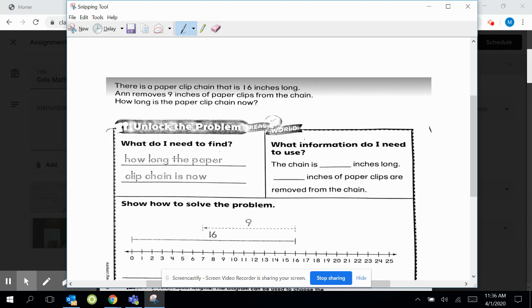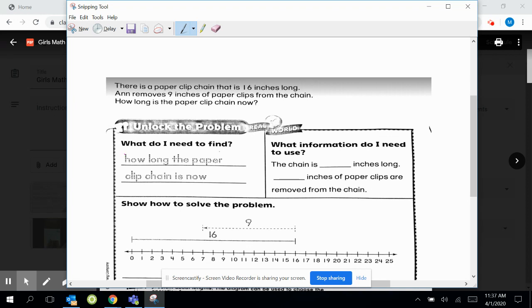But we're going to read this word problem, and it says, there is a paper clip chain that is 16 inches long and removes 9 inches of paper clips from the chain. How long is the paper clip chain now? So what we need to first fill out is, it says, what do I need to find?